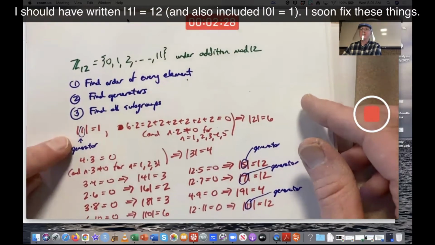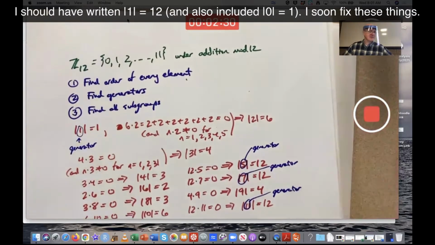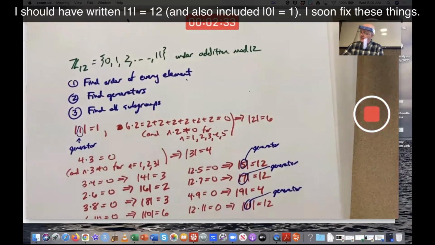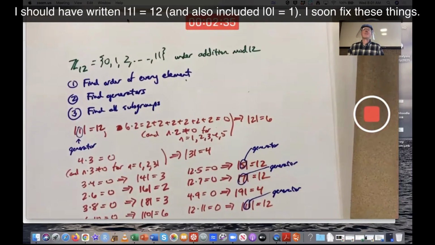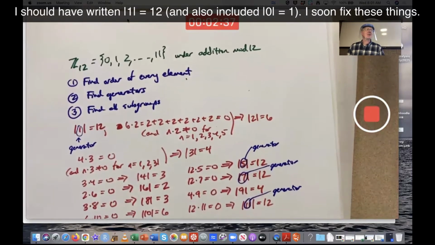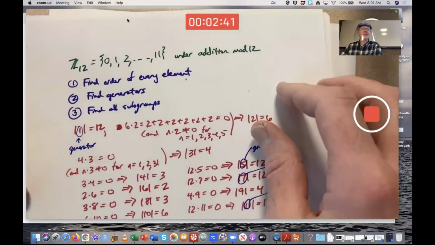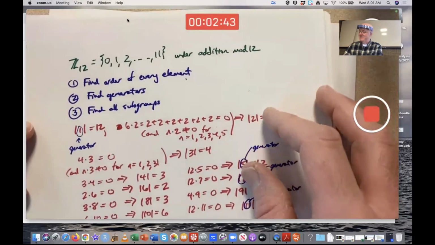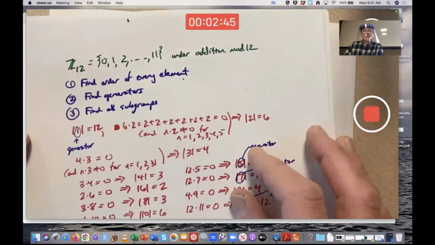Of course, the number 1 has order, whoops, that's a mistake actually. Order 12. It's a generator. Hopefully, when I was working on this, you didn't get too messed up by that, if you happen to look at what I did.